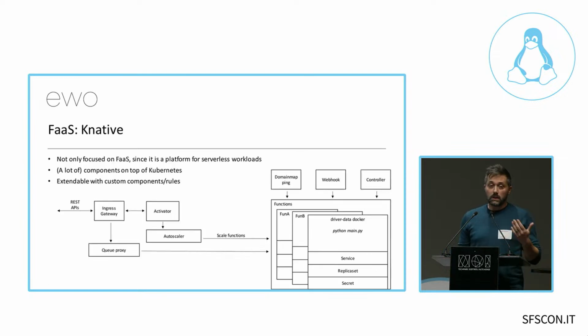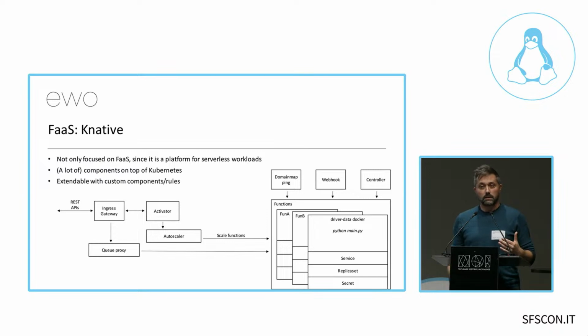And what we actually did was to try another alternative, and we moved to Knative. Knative is not actually dedicated to function as a service. It's a more generic platform for serverless workload on top of Kubernetes. It has more components than OpenFaaS, as you can see in the image in the slide, so the learning curve at the beginning is quite steep.